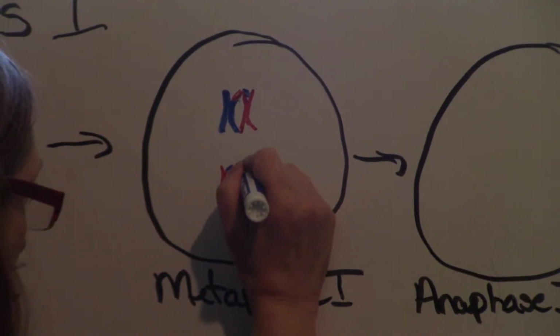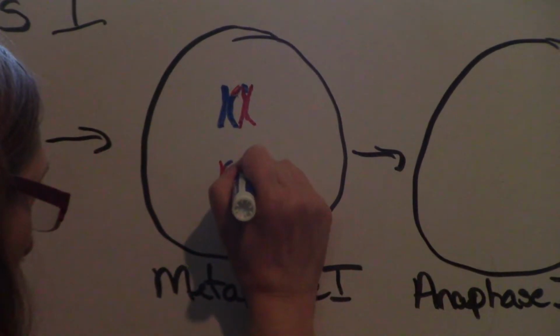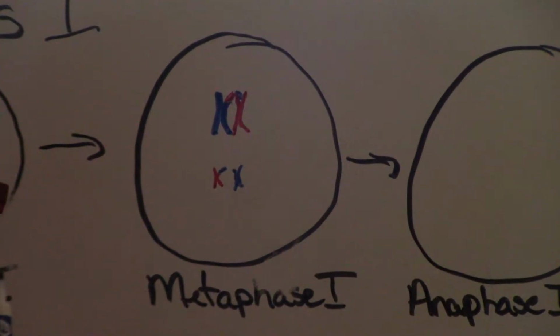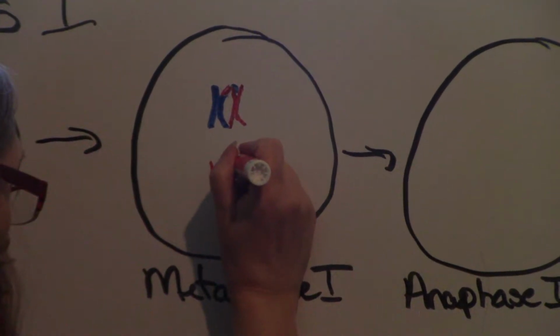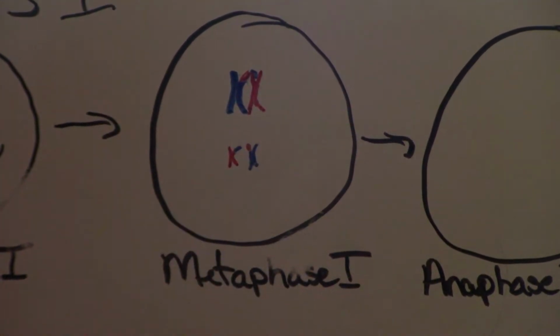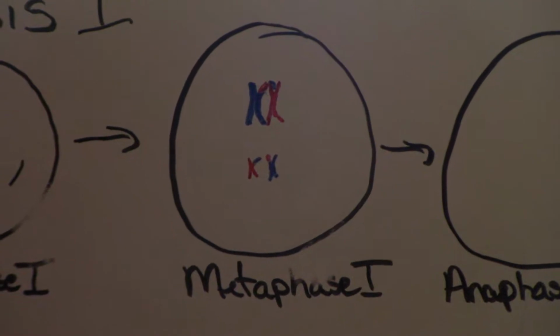They line up like this. So instead of all 4 of them lined up, the homologs are still paired.